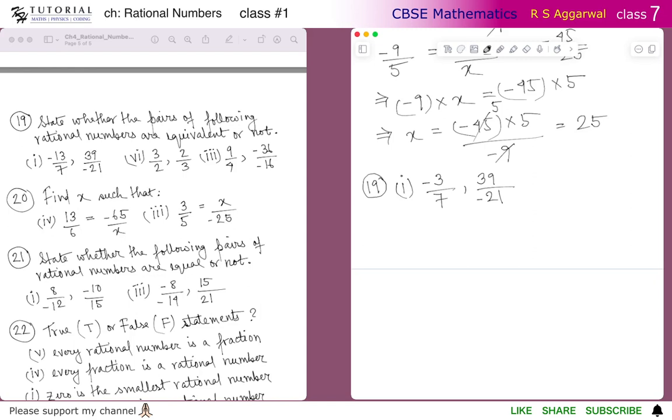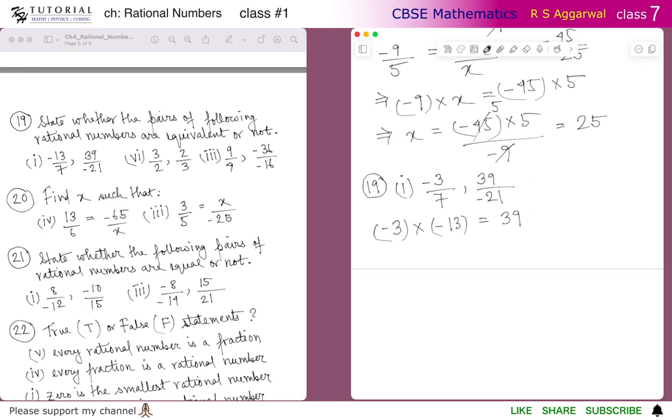If you multiply minus 3 with minus 13 we get 39. So 39 has been obtained by multiplying minus 13 with minus 3.